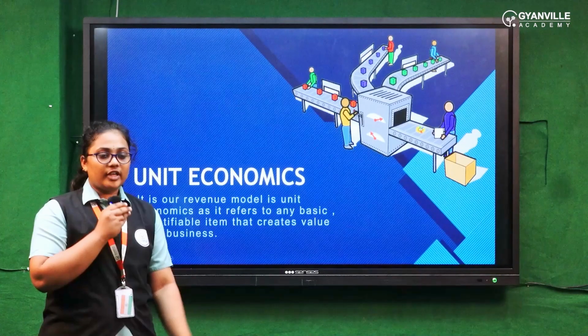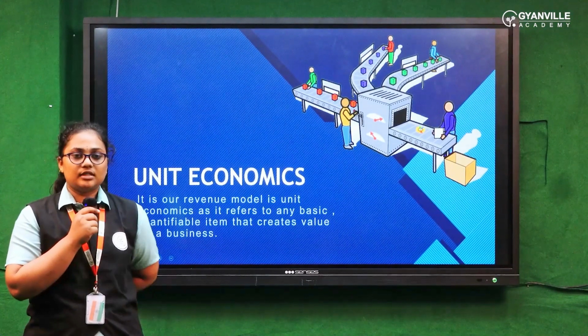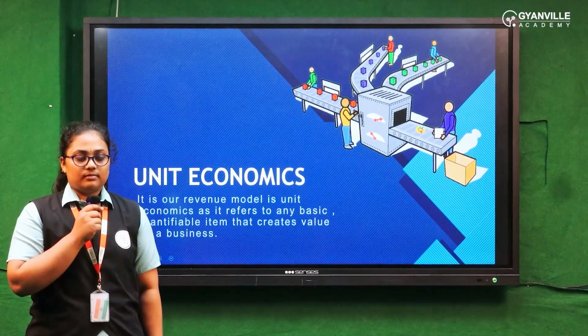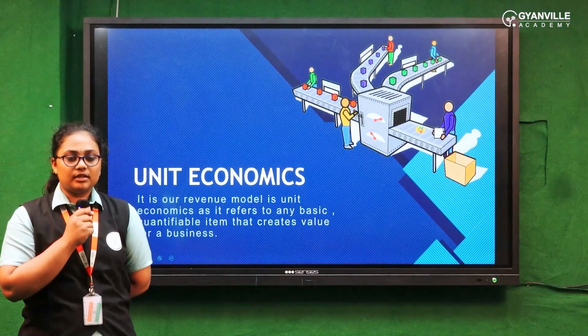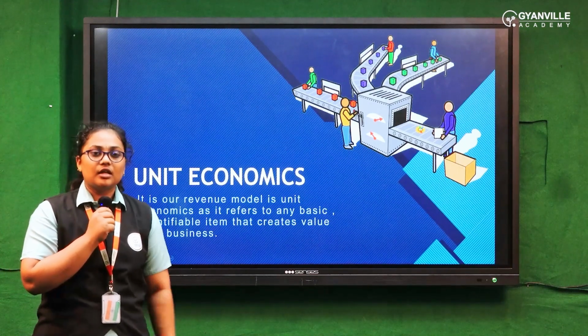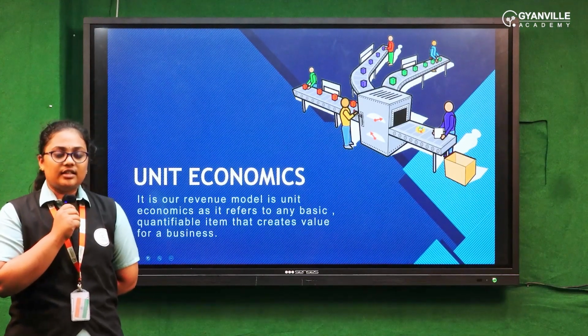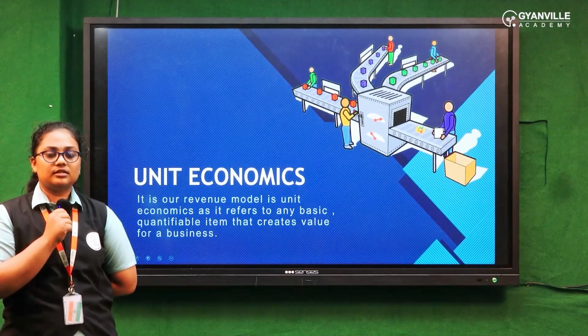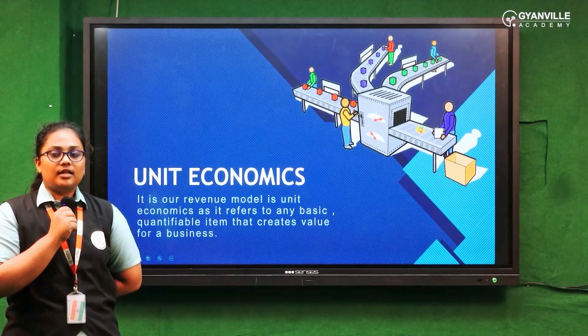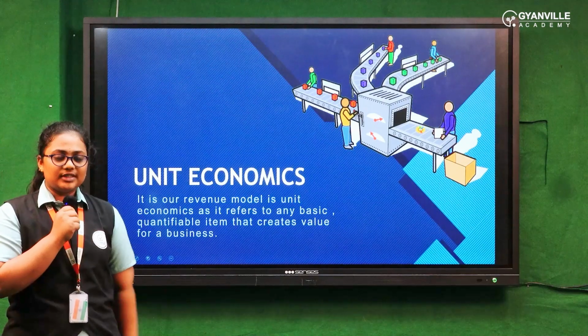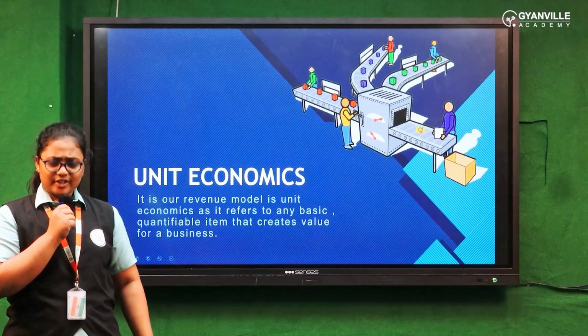We all know that a revenue model is very essential for an enterprise, so we chose unit economics as our revenue model. Unit economics is a revenue model where the enterprise itself manufactures its own products and brings them into the market.